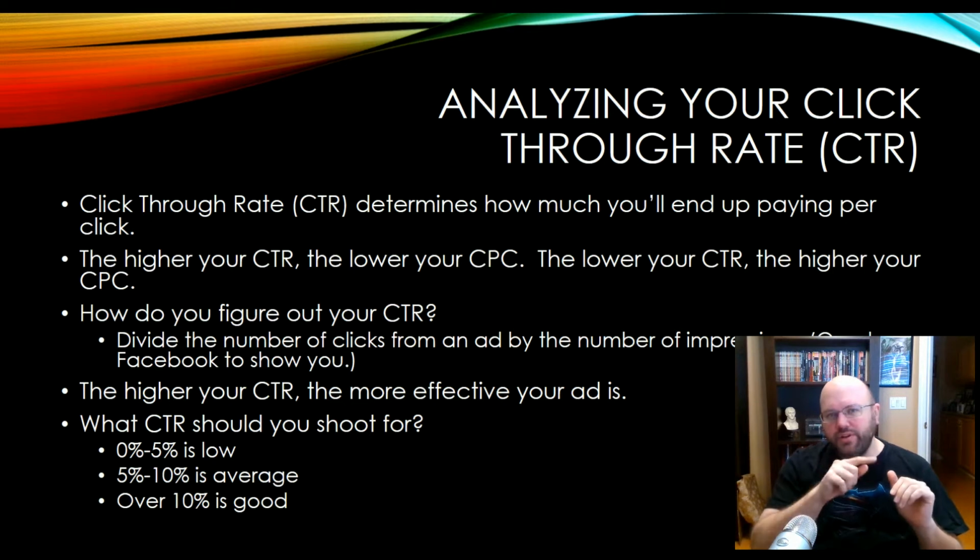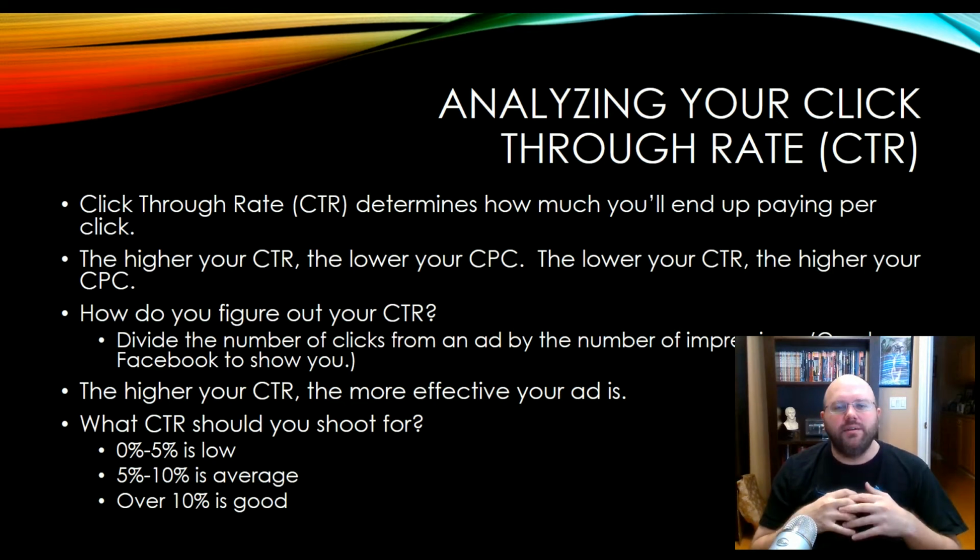Once you get that number, you just move the decimal point over to the right, and that gives you your percentage, okay? So the higher your click-through rate is, that means the more effective your ad is. So a high click-through rate equates to an effective ad. A low click-through rate equates to an ad that isn't doing very well and needs to be improved.